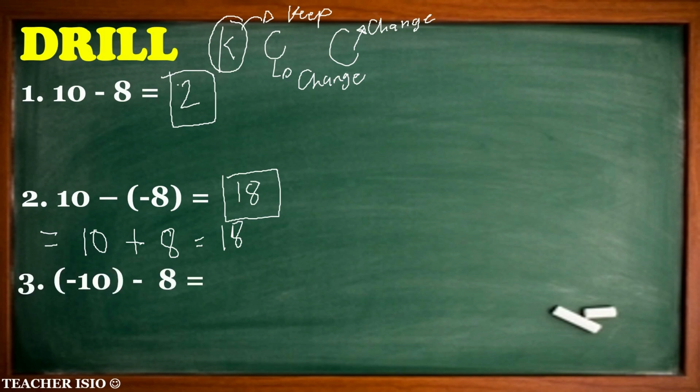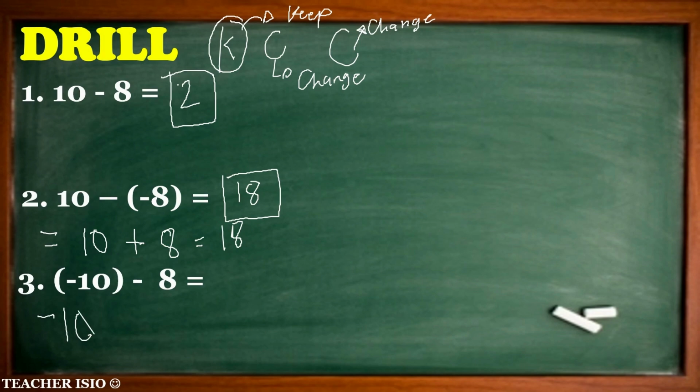Let's have number 3. This time, we have negative 10 minus 8. Again, using the KCC method, you're going to keep the minuend. Negative 10 is our minuend, and positive 8 is our subtrahend. So, keep lang.